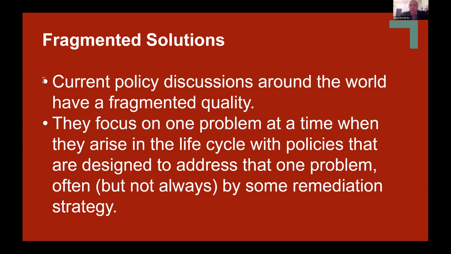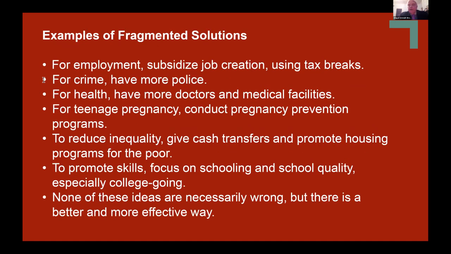So here's an example of the fragmented solutions that are in place. People say, well, for employment, we should subsidize job creation. For crime, we should have more police. We should have more doctors for health, build better hospitals.